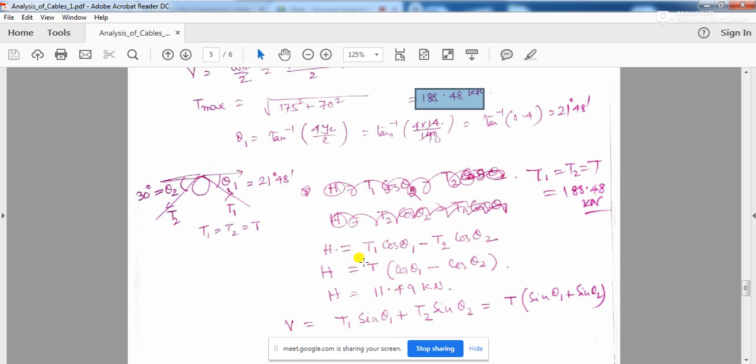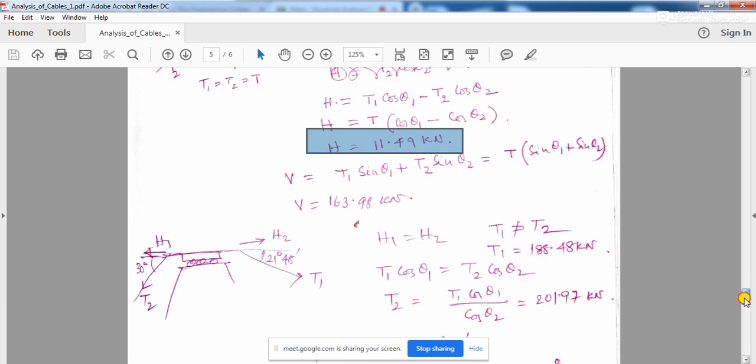So you just put the value over here, 188.48, and cos theta 1. Theta 1 in this case is 21 degree 48 minutes, and theta 2 is 30 degree. So you just put the values and you are going to get the horizontal component of force acting on the pier. Okay, and what will be the vertical component of forces?